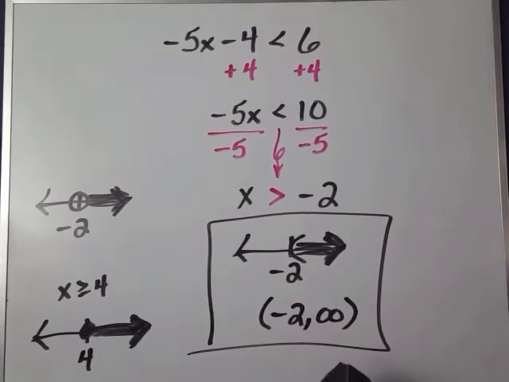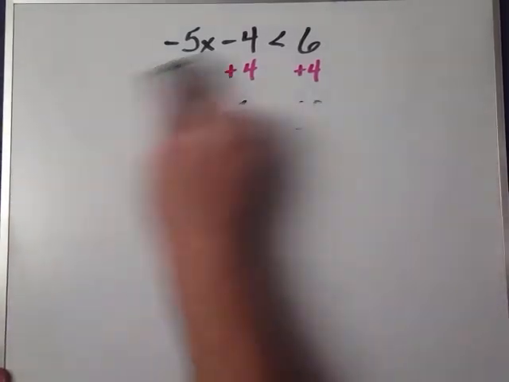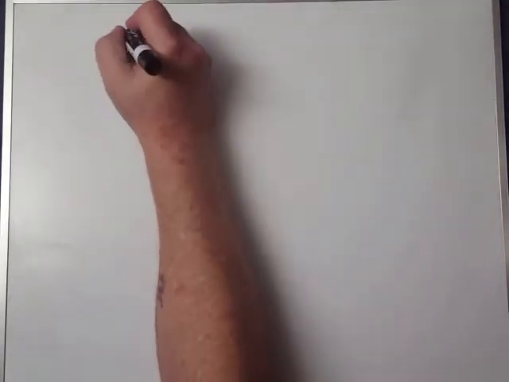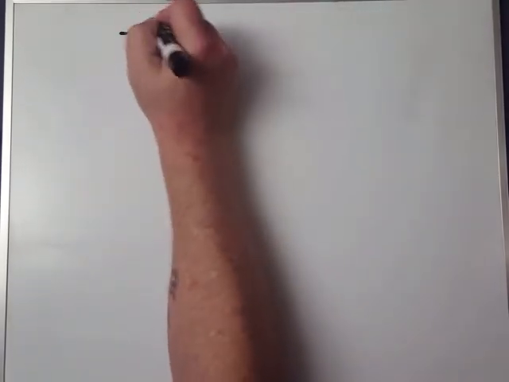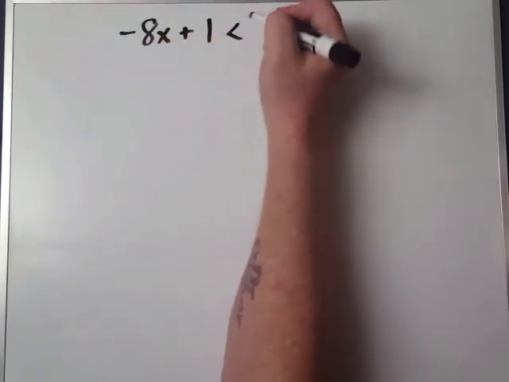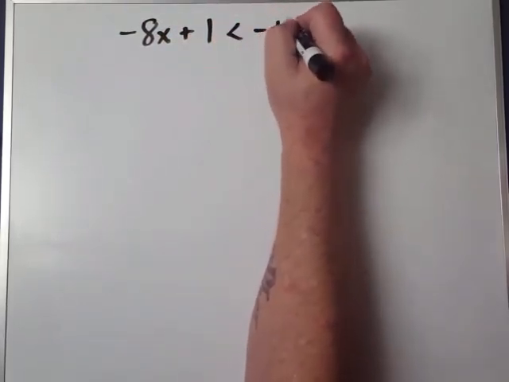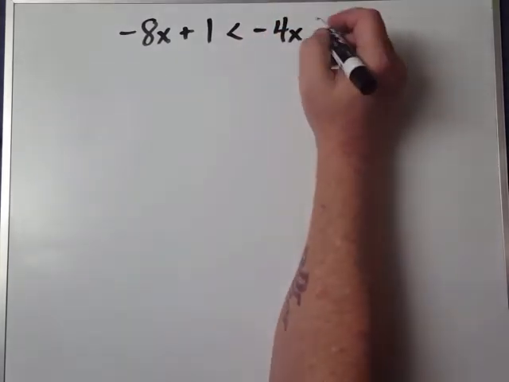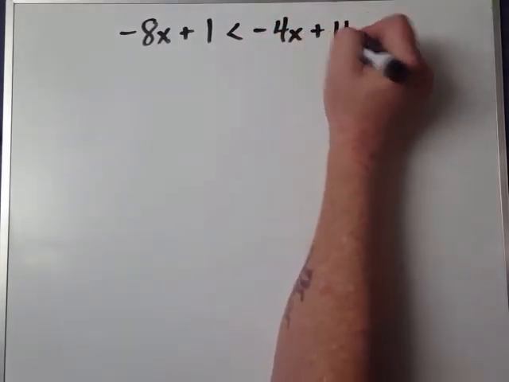Let's crank it up just a little bit and try number 48. Under the same instructions, we're solving, giving that graph, and giving the solution set in interval notation.